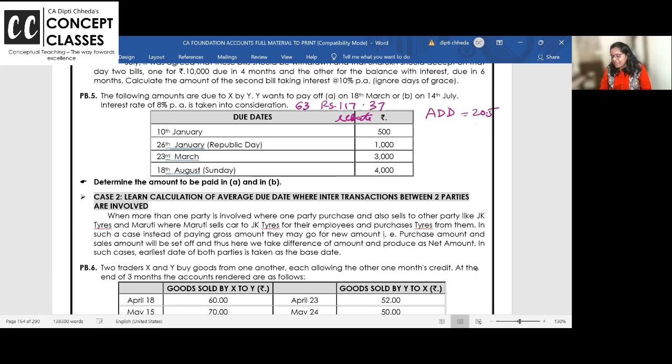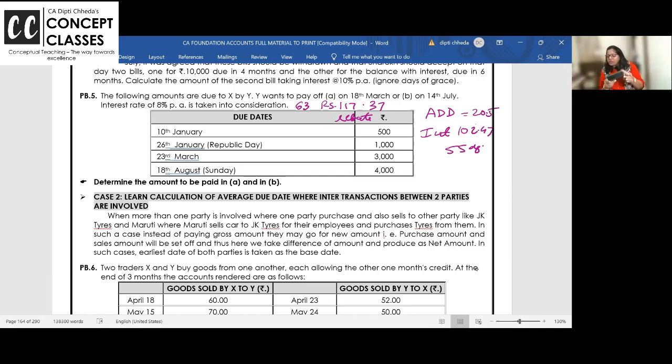And instead of 20th May, if you are paying on 14th July, then you pay interest. Interest is coming to 102.47, for 55 days, from 20th May to 14th of July.